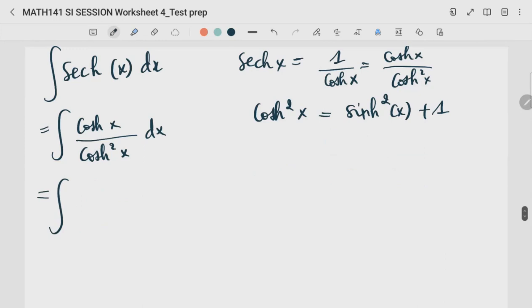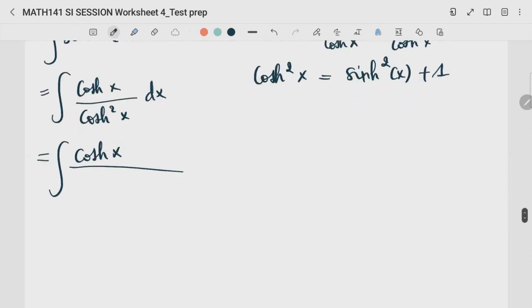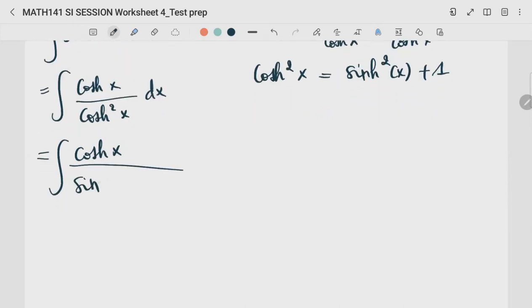So this is equal to the integral of cosh x divided by sinh squared of x plus 1 dx.